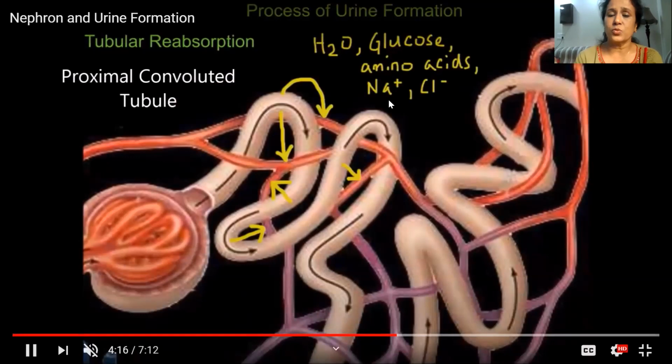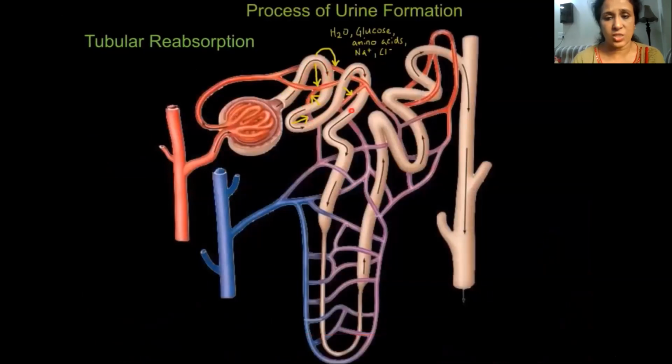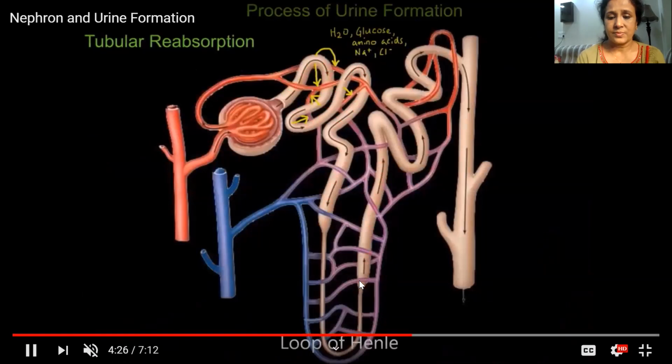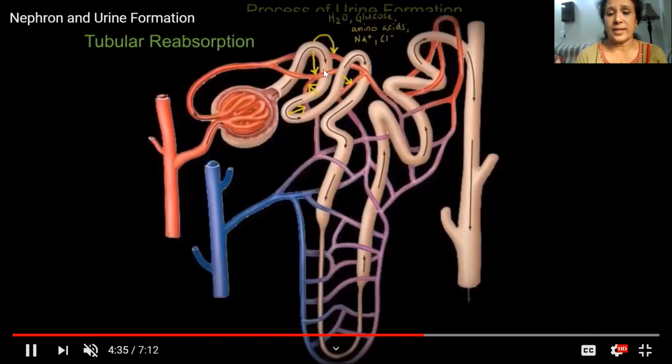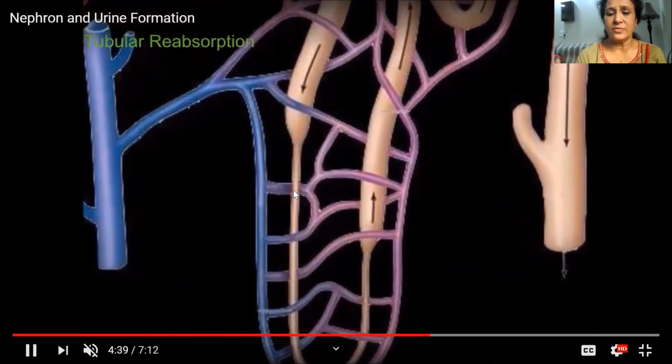Now, what are the things to be reabsorbed? Water, glucose, amino acid, sodium, chloride salts. These need to be reabsorbed. See, this is Henle's loop and the distal convoluted tubule. Right? So, Claire, come here. Can you see this network of capillaries?